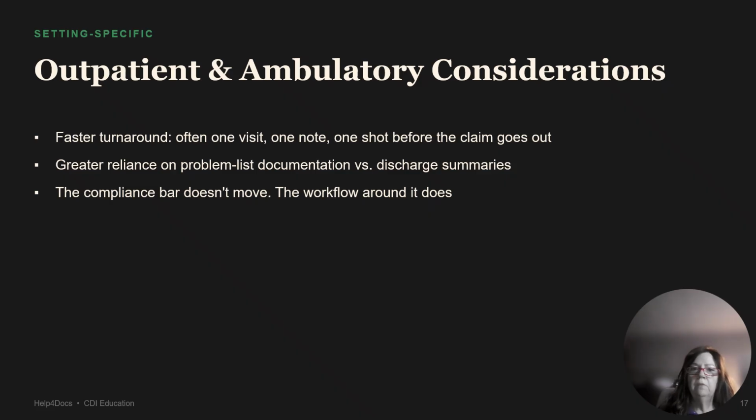Now, because so many of you work in outpatient and ambulatory settings, especially for people that follow this channel, because that's where risk adjustment lives, a few things do shift compared to inpatient.